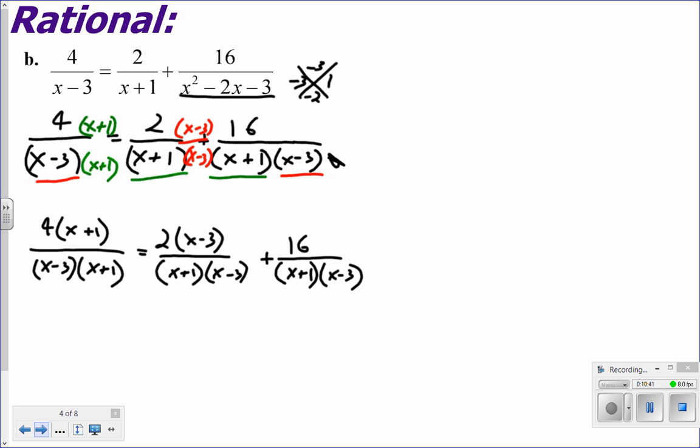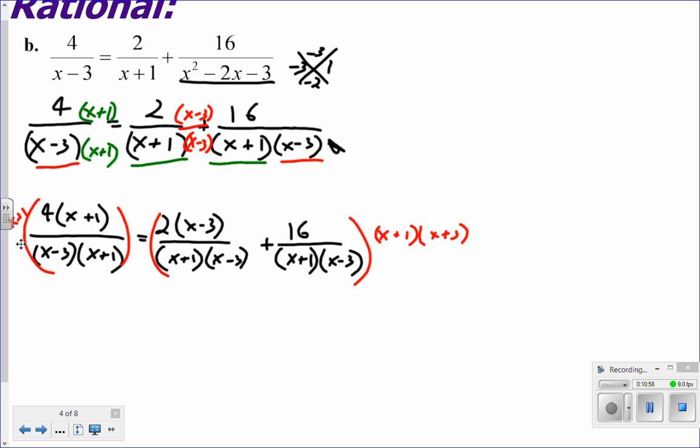So whenever we have a common denominator through all of them, multiply both sides by the denominator, x plus 1 times x minus 3. And when I do so, things are going to cancel out.